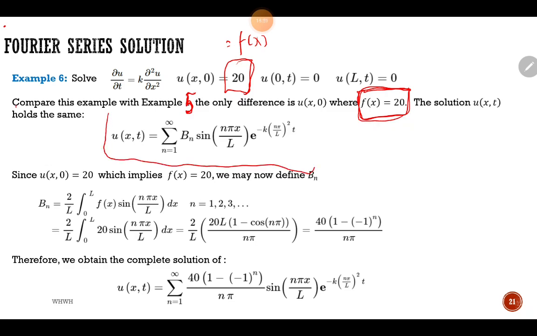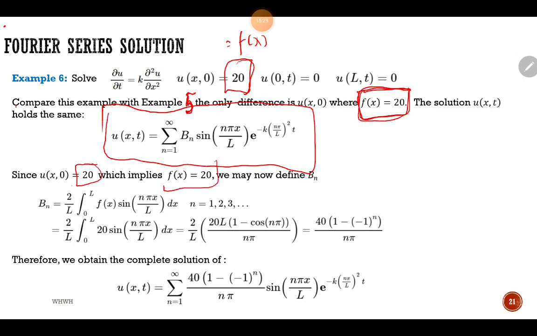We know that u at t is equals to this. Now, the solution for u at t is equals to, okay, summation n equals to 1 up to infinity bn sine n pi x over L e the power of minus k n pi over L square t. So, we know u at 0 is equals to 20.